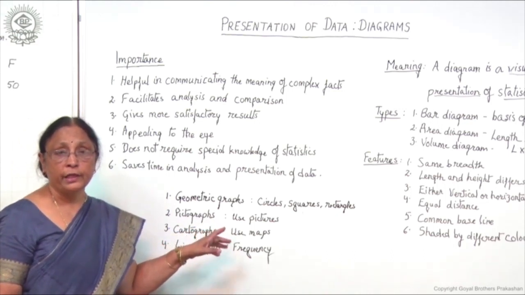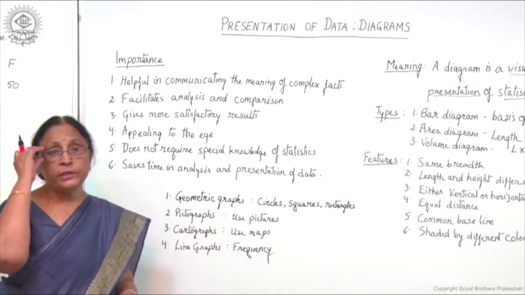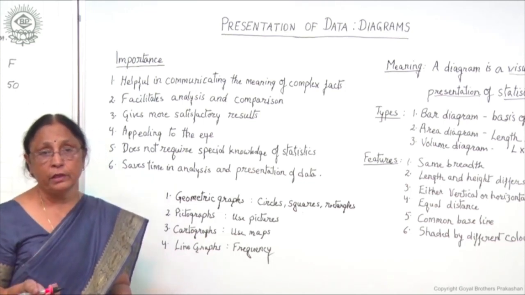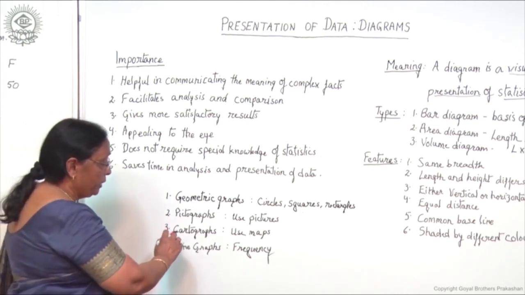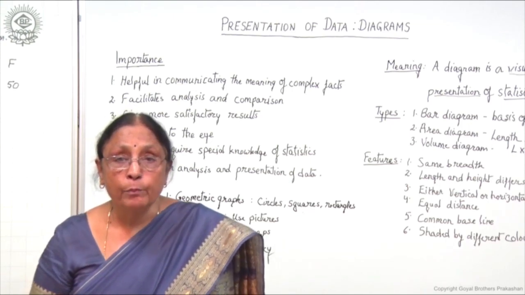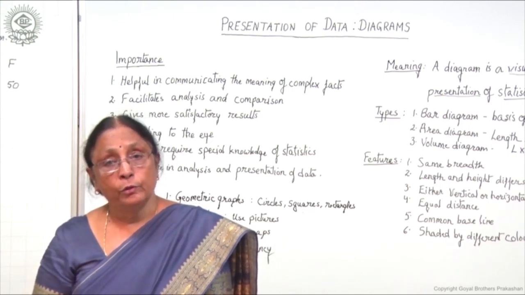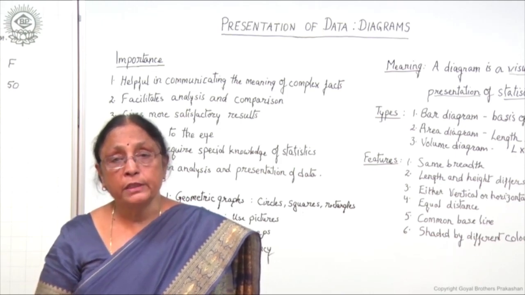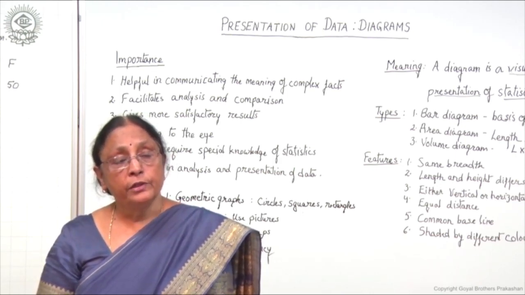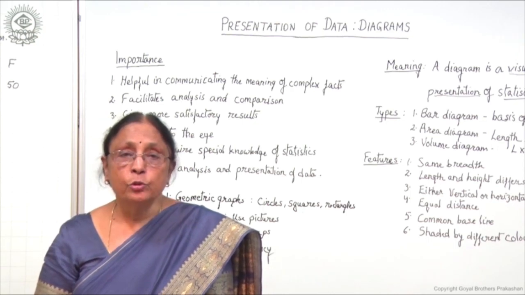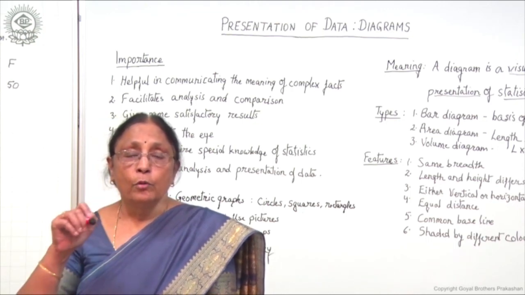Pictures are taken from different magazines or newspapers and then the data or explanation is given, that is pictograph. Then cartograph is when the diagrams are made with the help of maps. You must have seen in your economics or geography book different distributions of data like rainfall, agricultural production and industrial production shown in the form of maps.